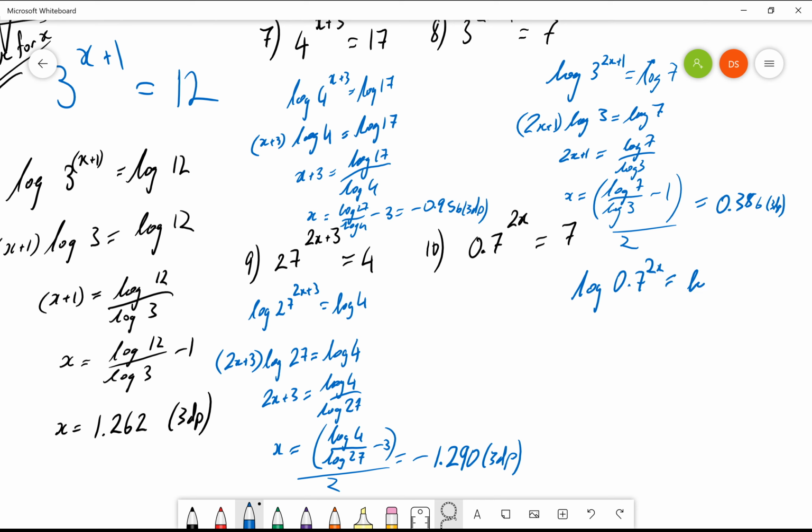okay, log 7. And then I know this one's going to be pretty interesting. And so then I divide by log 0.7, then I divide by 2.